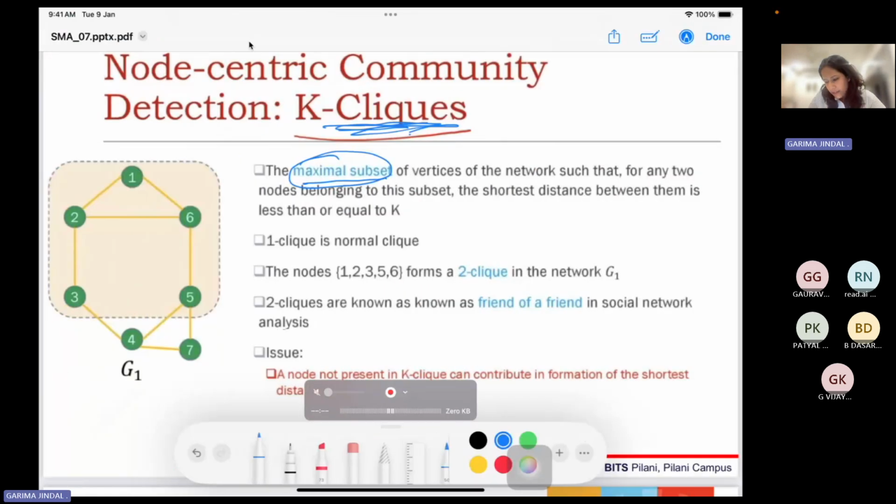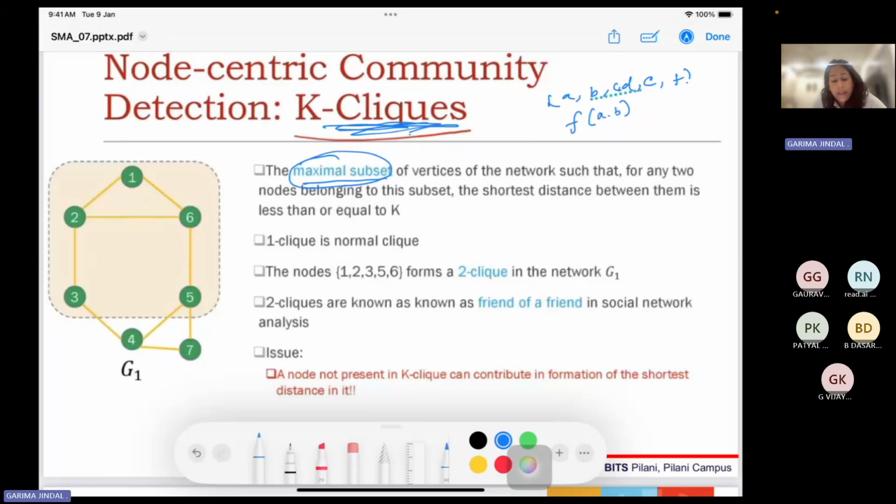Okay, let me take an example to explain this. For example, I have a set, maybe A, B, C, D, E, F. And then maybe I have a function f, and f adds A and B. Let us suppose the value of A plus B is 0.7.